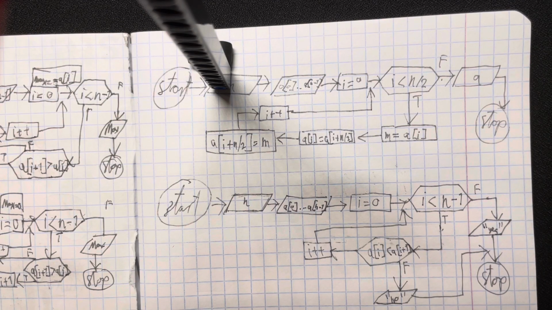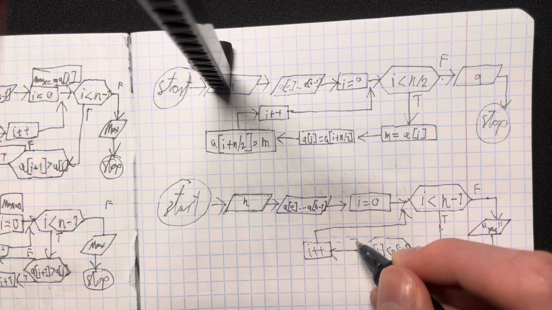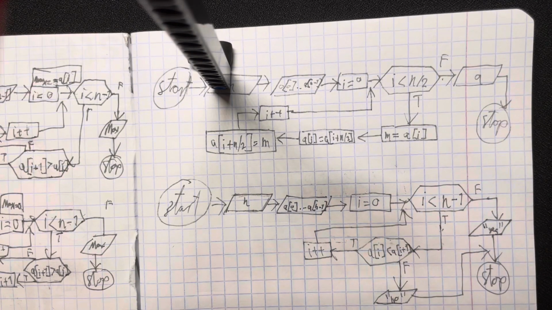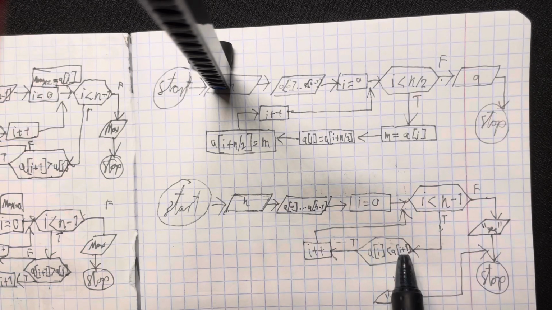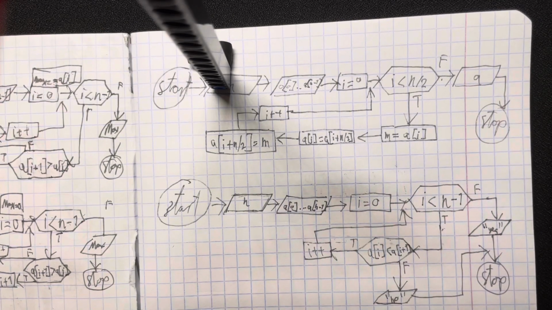Now, if you were to check descending, then we could change this condition, or we could change this, and it just depends on how you go about it.